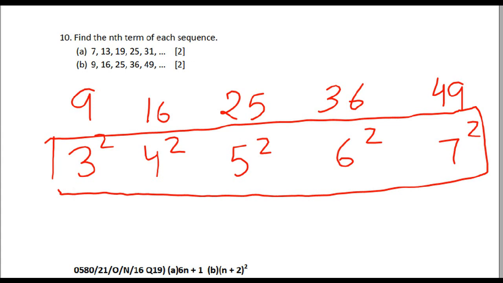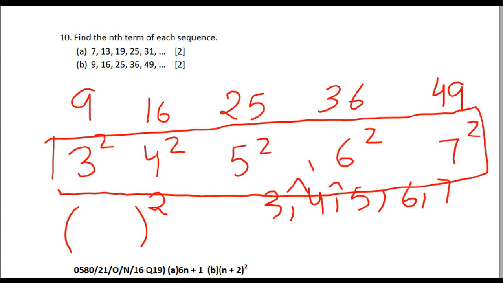We have 3 square, 4 square, 5 square, 6 square, 7 square, so we have squares of some numbers. Simply find the nth term for the sequence 3, 4, 5, 6, 7. The common difference is 1, so the formula will be 1n plus 2. So you simply write n plus 2 here. You may use either of the methods to get the answer.